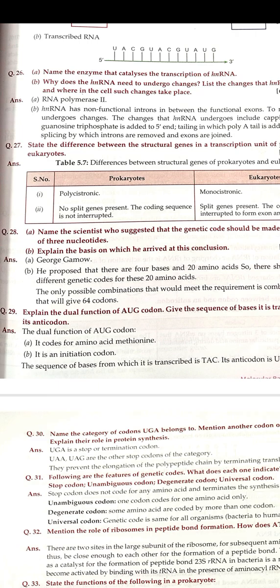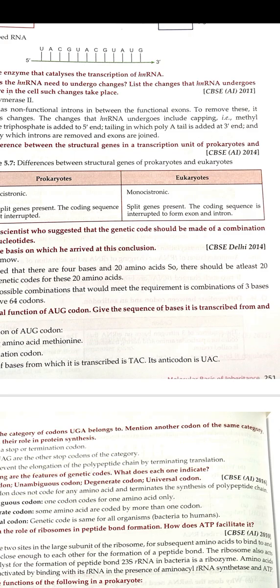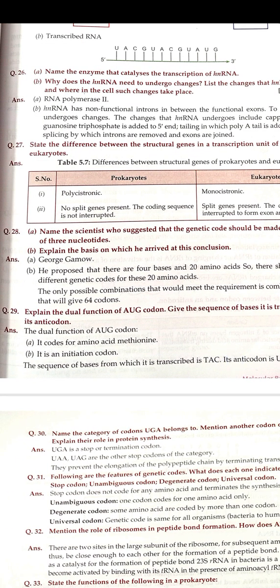Next question number 29. Explain the double function of AUG codon. Give the sequence of bases it is transcribed from and its anticodon.